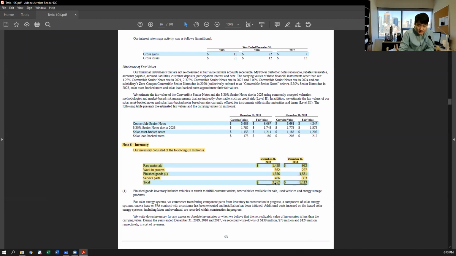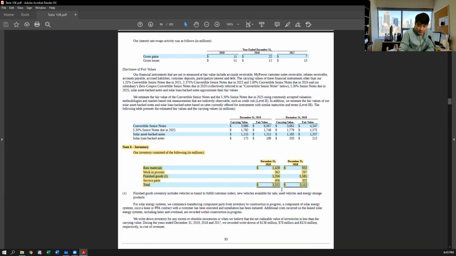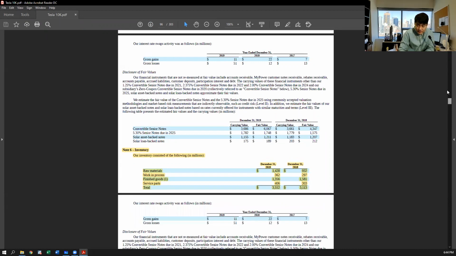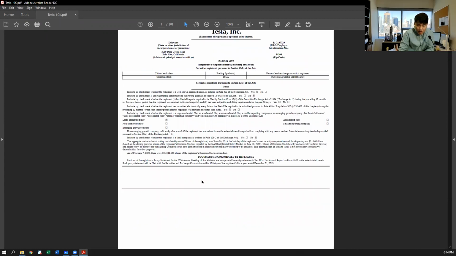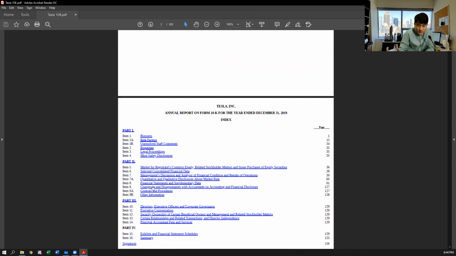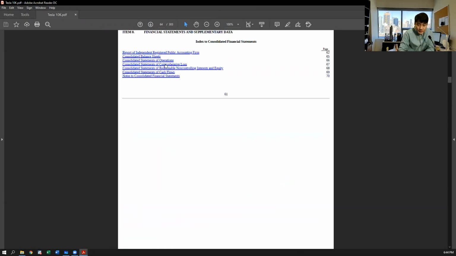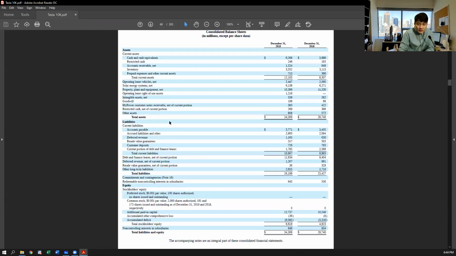Let's see if this is the number you see in the balance sheet, because inventory is the number you see in the balance sheet. So remember, 3,552 for inventory. Let's go up to the balance sheet. For assets, inventory, as you can see right here, this is the number that's reported, 3,552.